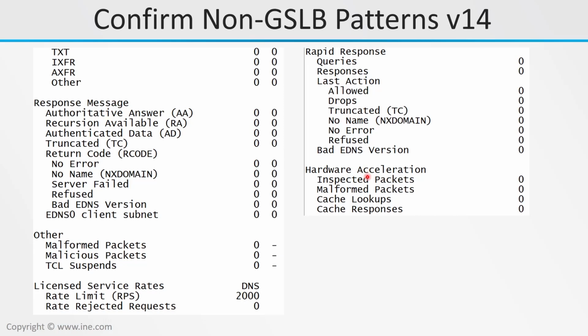Obviously you can see the non-GSLB functions for the DNS profile is much more extensive because we're looking at a broad range of traffic coming in, not specific to a specific wide IP with an A record or a CNAME, etc. So this is very useful to identify the patterns related to non-GSLB functions.